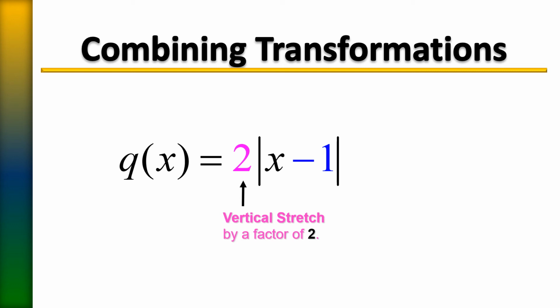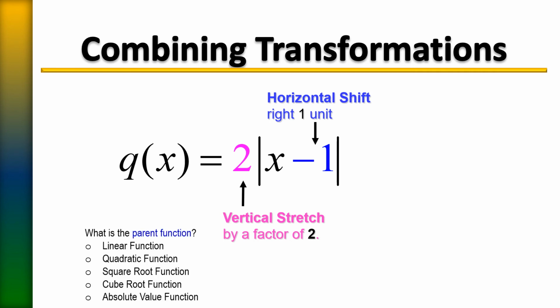And what else happened here? Yes, you see that it's inside. Horizontal is always inside. And this was a shift to the right 1 unit. And who's the parent, by the way? Yes, you got it. Absolute value.